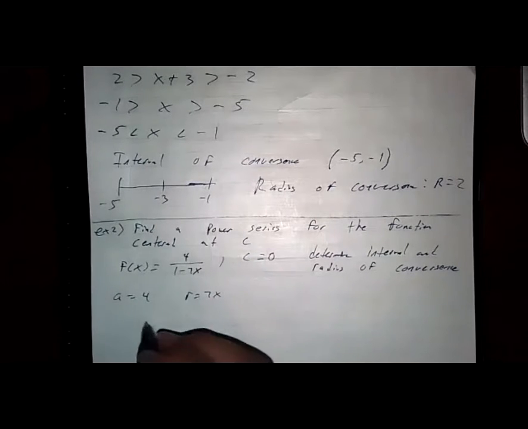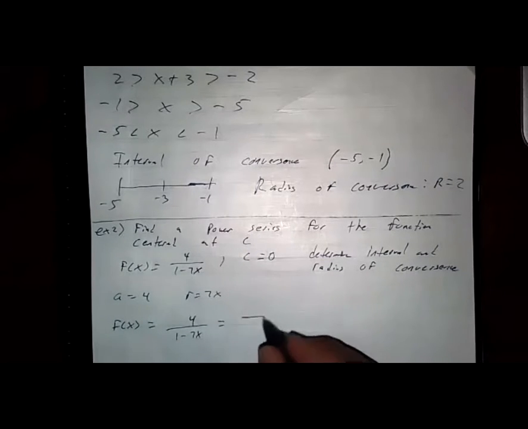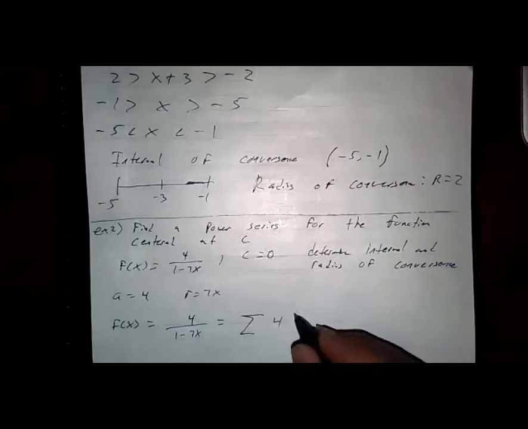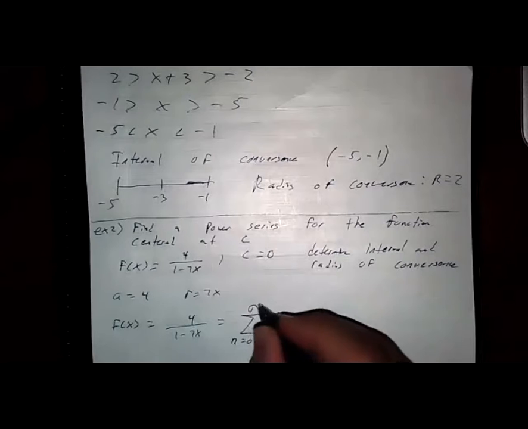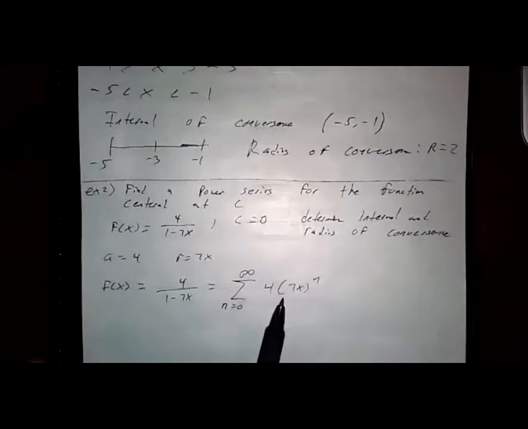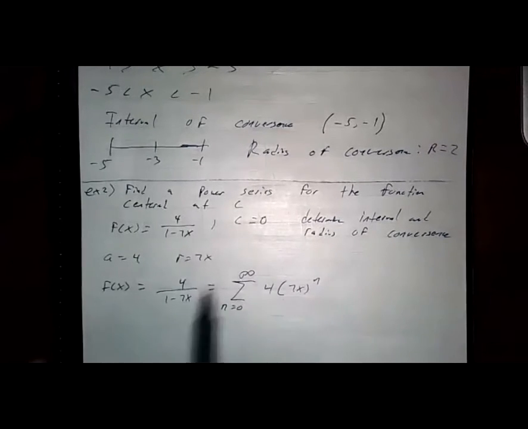So we know that this function equal to 4 over 1 minus 7x is equal to the power series of 4 times 7x to the n, where n goes from 0 to infinity, using the geometric formula. Because this is my minus r. R goes here. A is just in front, doesn't matter. This needs to be a 1, which it was. Great. Centered at 0 means I don't have to do that weird x minus 3 that I did last time.